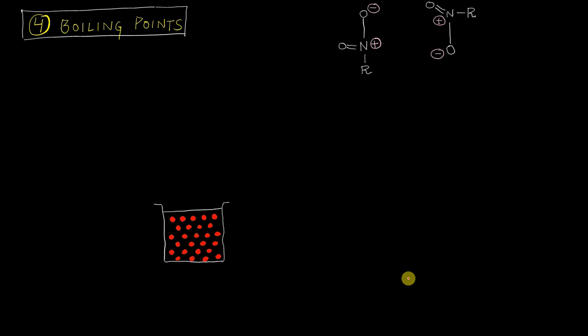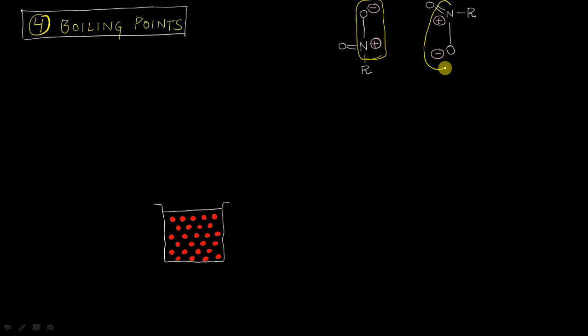And now let us talk about the boiling point of the nitro compounds. So in this general structure of the nitro compound, you can see this nitrogen has a positive charge and the oxygen atom has a negative charge, such that we can see the nitro compound in the form of this dipole here. And here is the second molecule of the nitro compound.